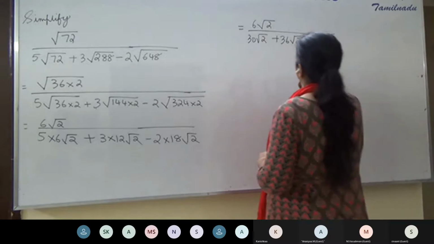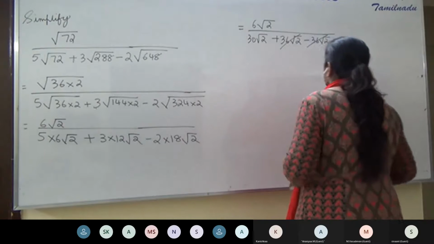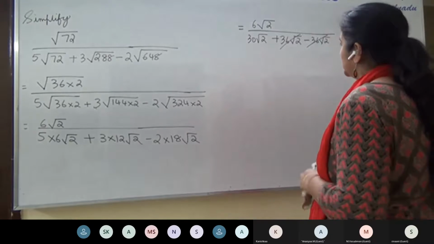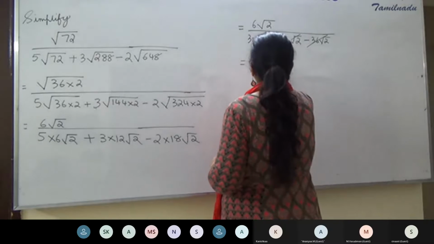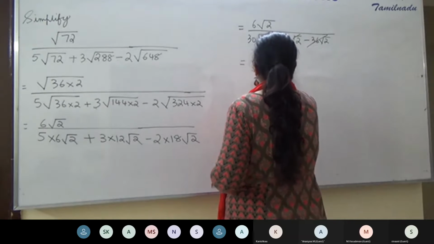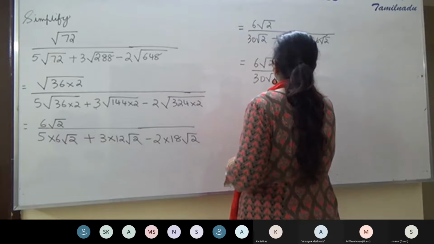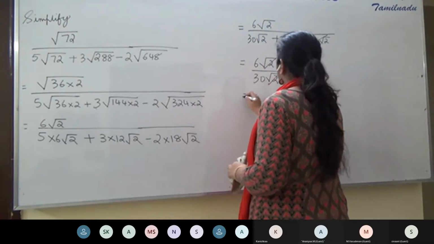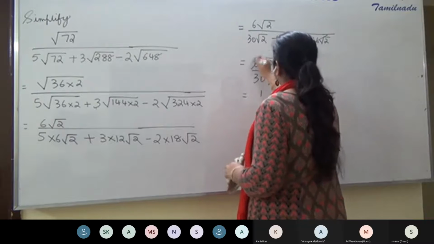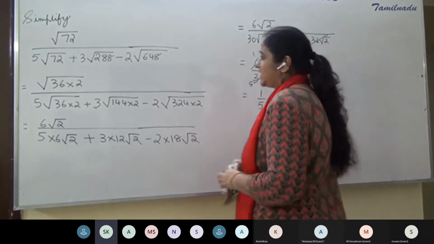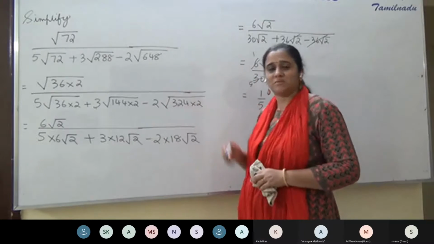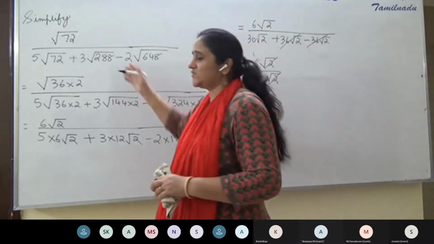Now in the denominator, 36 root 2 minus 36 root 2 gets cancelled. So this is going to be 6 root 2 divided by 30 root 2. Again, root 2 and root 2 get cancelled, and 6 ones are 6, 6 fives are 30. So the value is 1 by 5. So the value of this expression is 1 by 5.